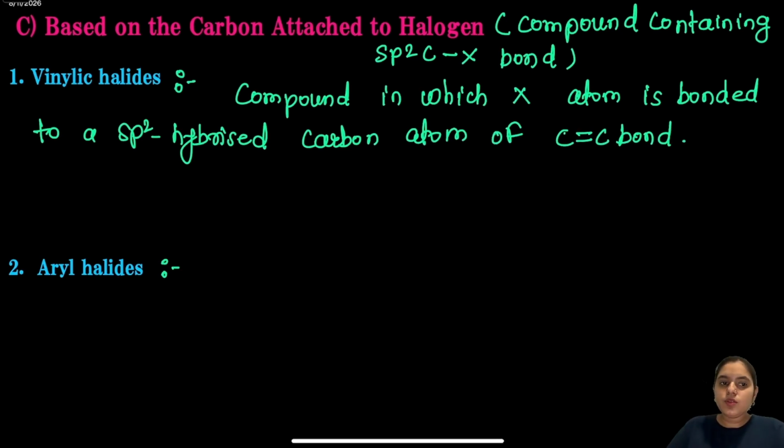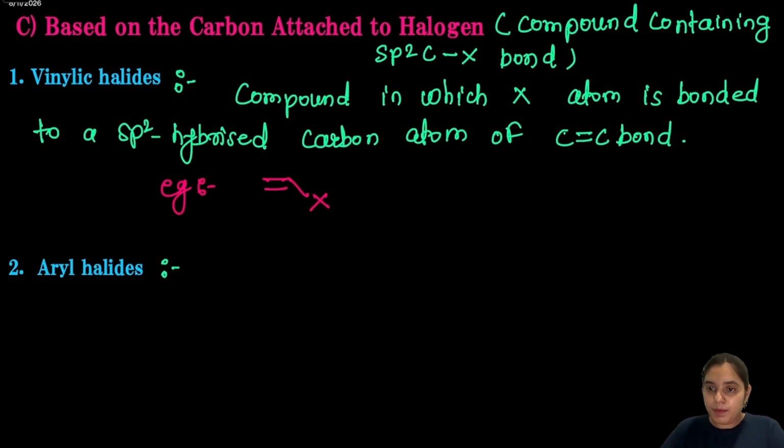So the example of vinylic halide is X, meaning that the halogen is directly attached to an sp2 hybridized carbon atom. In this compound also, X is attached directly to an sp2 hybridized carbon.